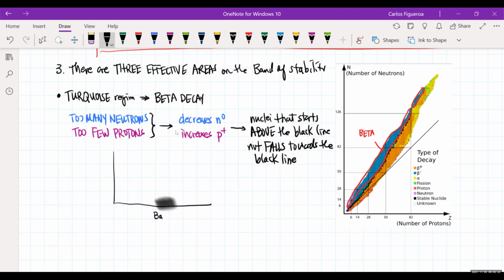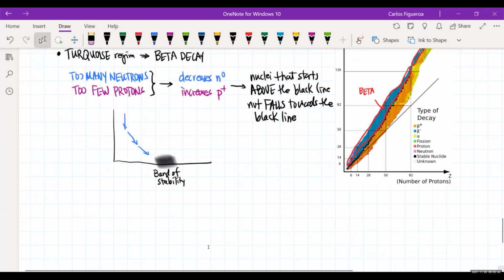So these guys are moving down, and when they go in this direction, they decrease the number of neutrons and increase the number of protons. So then we go to the next region. The next region here is the orange region.